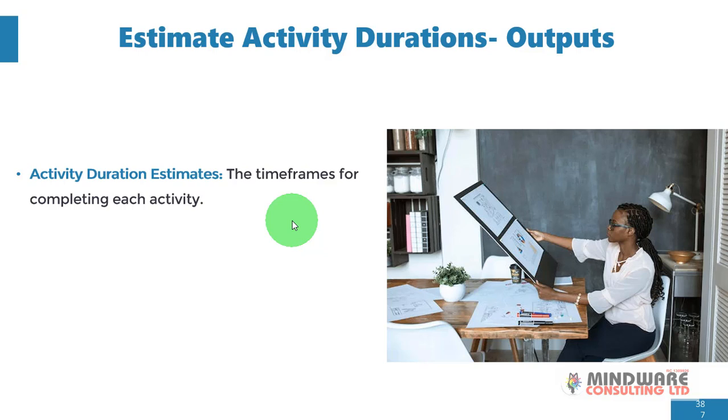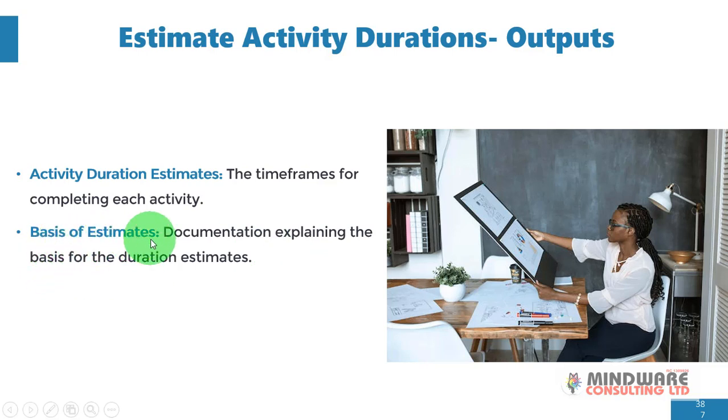This is very, very vital. Now, when you know the time that it takes to complete each activity, it will help you understand the time it takes to complete each phase, and then ultimately how long it will take to complete the project in total.